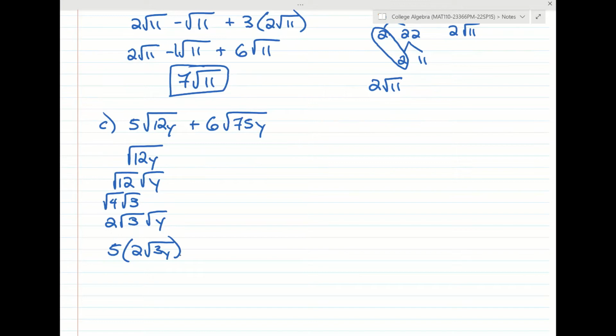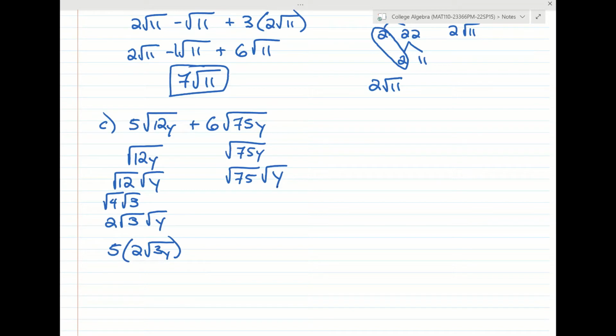Looking to simplify the square root of 75y, well, the square root of 75y is the same thing as the square root of 75 times the square root of y. The square root of y you can't do anything with. 75, you could factor it down. You could do 5 times 15 and just keep factoring.